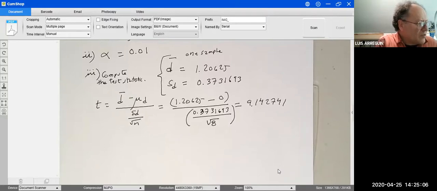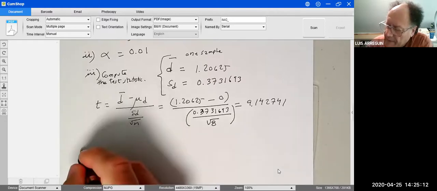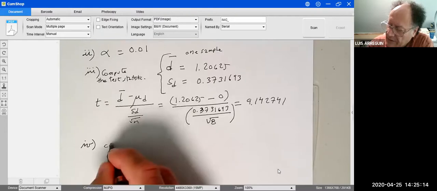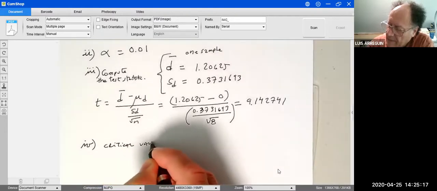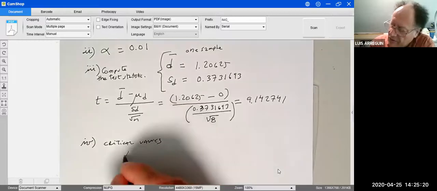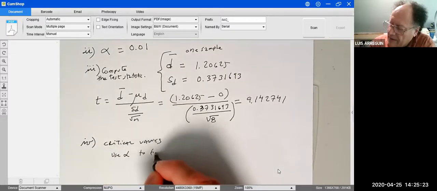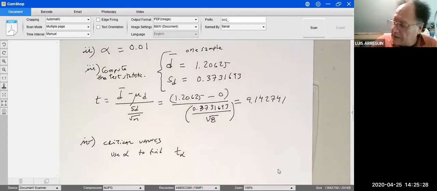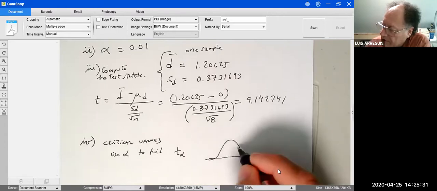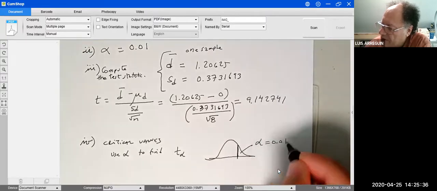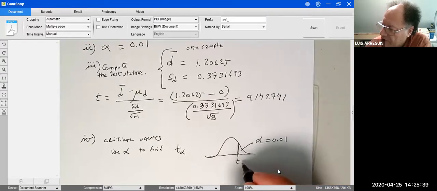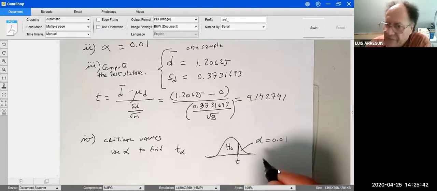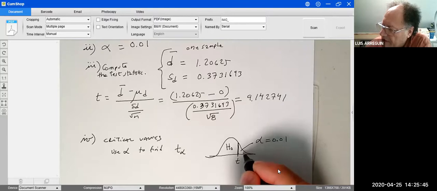Now the next step is to compute our p-value. We could compute critical values if we were solving this problem that way. If you are using critical values, you use alpha, in this case alpha equals 0.01, and you want the boundary between the region that favors the null and the region that rejects the null.